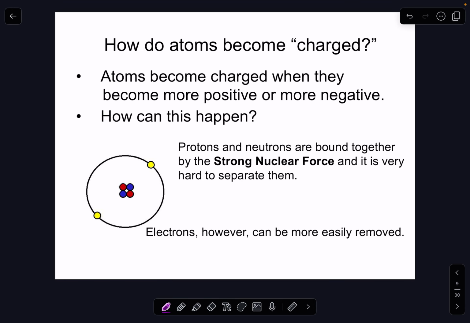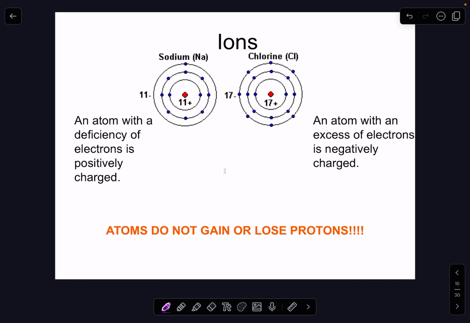So how do these become charged? Atoms become charged when they become more positive or more negative, and it is the electrons that are moving. Okay, so if you're positive, that means you have lost some electrons. You've lost that negativity. Okay, if you're negative, then you've gained some negative electrons. All right, similar to if you've ever done ionic bonding, it's the exact same thing.